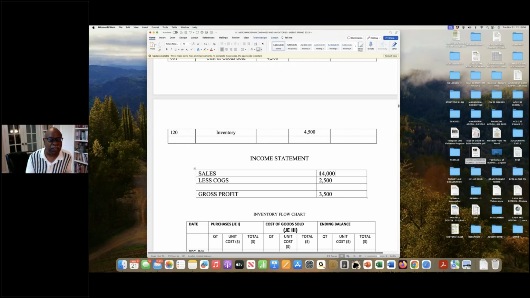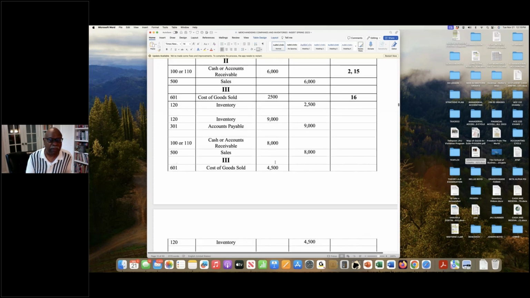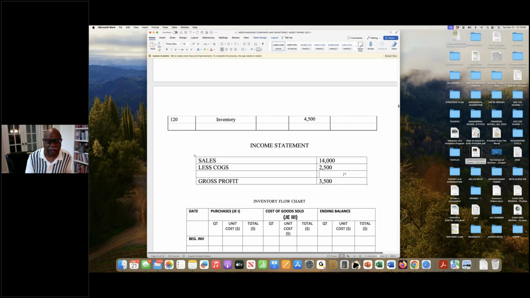We got 4,500 here and we got 2,500 here. So that's 7,000. Now our gross profit is 7,000. It's going to keep changing. So every day it builds up and it adds up.